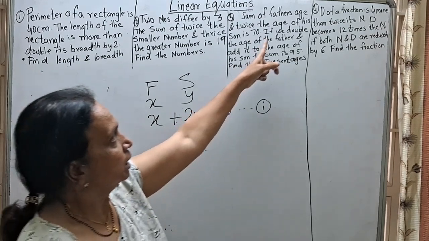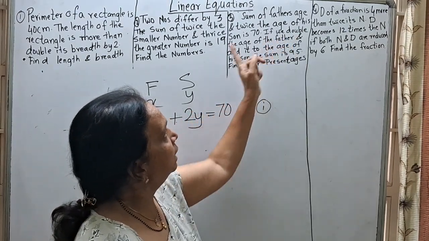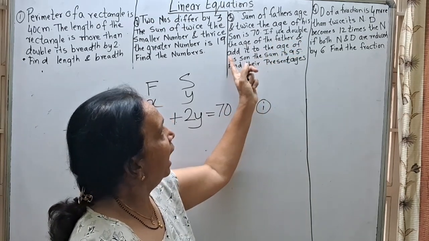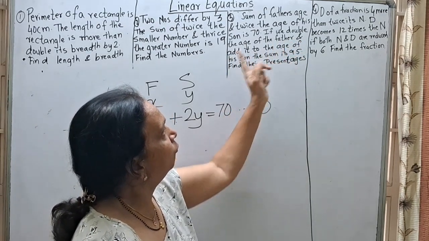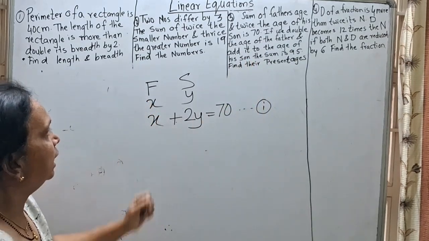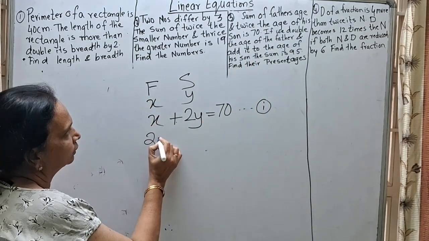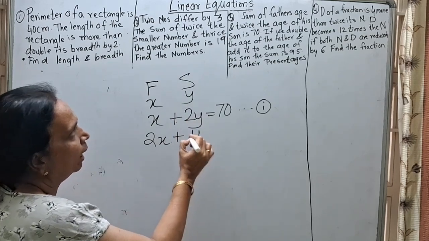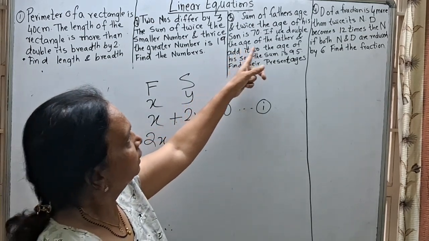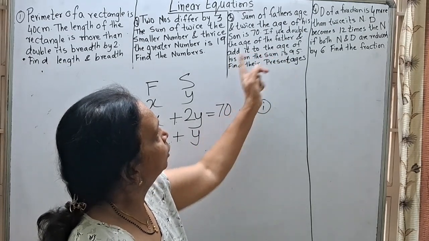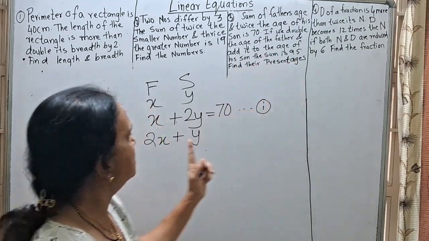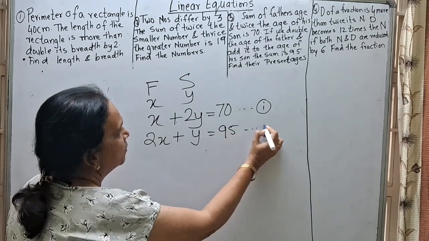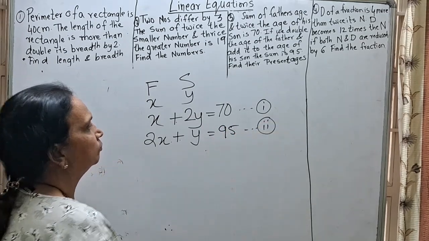Now the next condition: if we double the age of the father, double the age of father means 2x, and add it to his son, that is y. The sum is 95. This is my second equation.